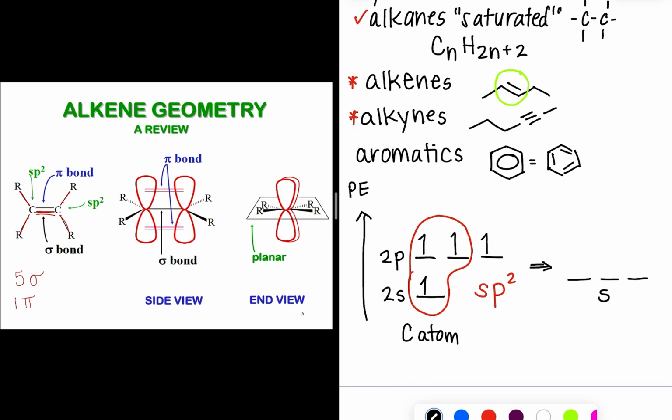So this is our sp2, and then there's still that 2p orbital that has one electron. So again, I hybridized the 3 orbitals that are circled there to have 3 sp2 orbitals, and then there's still that electron in the 2p orbital.